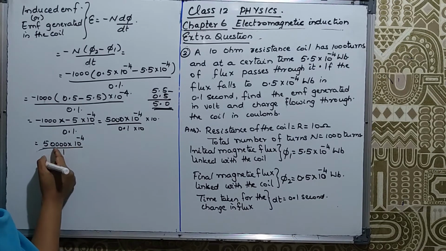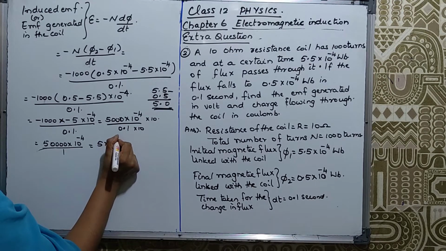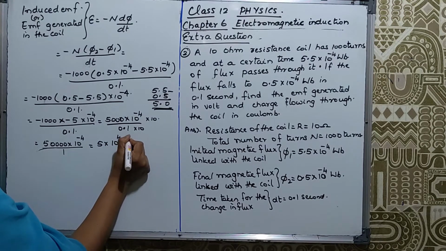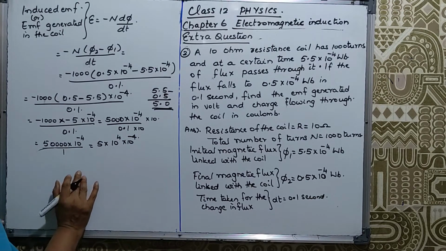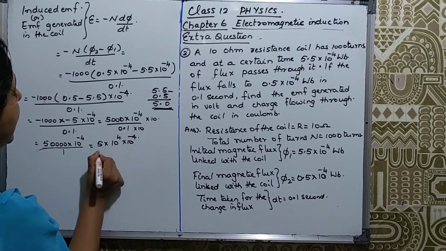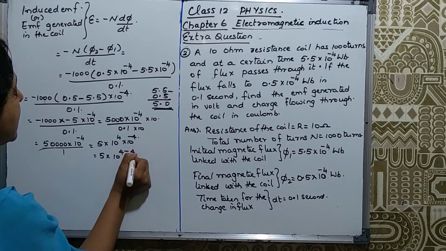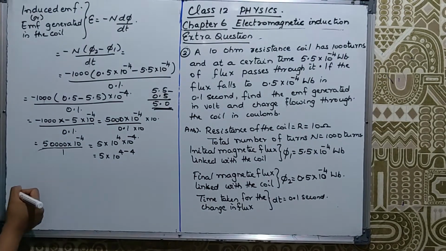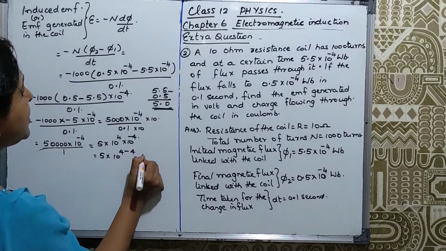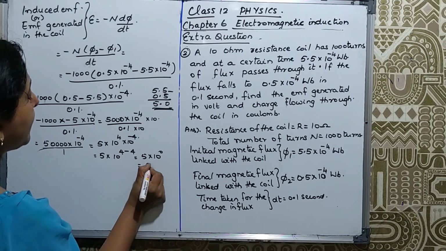So I will write it as 5 into 10 raised to plus 4 into 10 raised to minus 4, because 5 with 4 zeros is 10 raised to 4. We will cancel that: 5 into 10 raised to 4 minus 4, the powers subtracted, it will be 10 raised to 0. So that will be equal to 5 into 10 raised to 0, which is equal to 5.